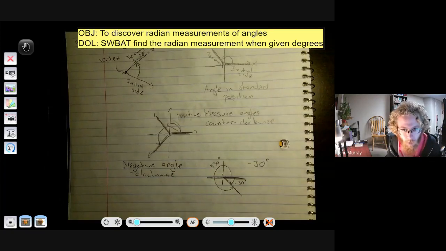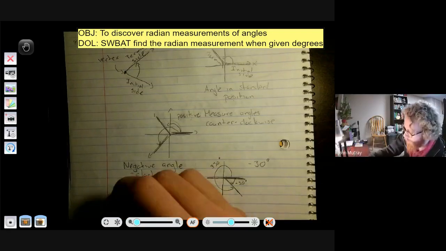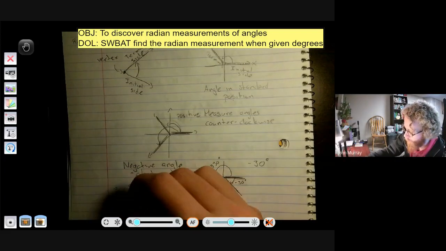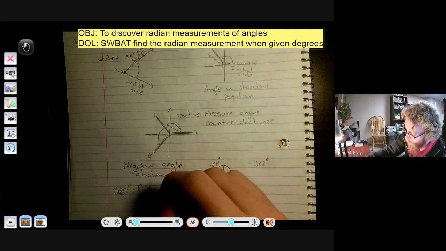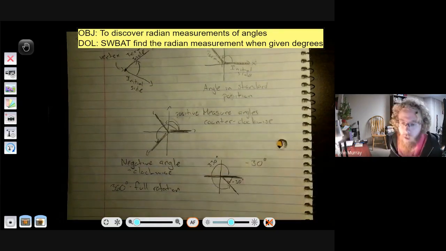Because what do we know about a full circle? How many degrees is in a full circle? Do we remember? 360. 360. Right. So if we come up with a full rotation around our standard position, all right, that would be 360 degrees, correct.